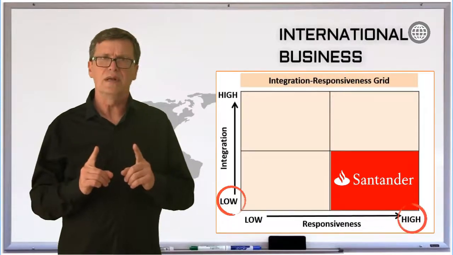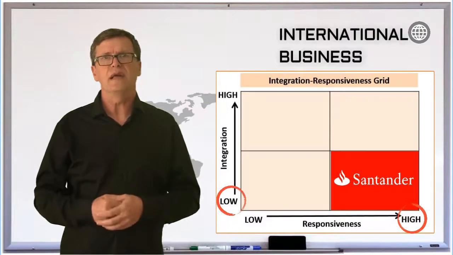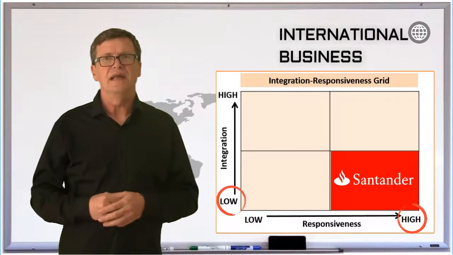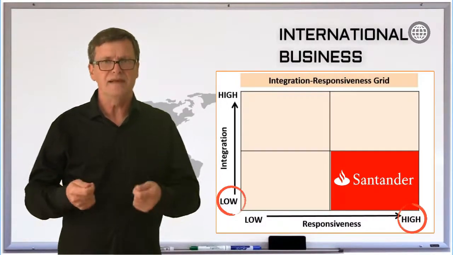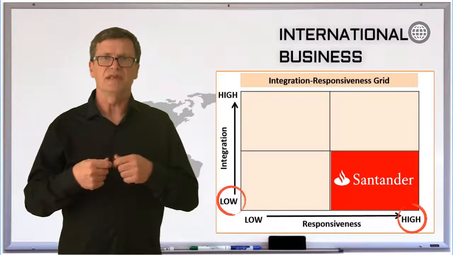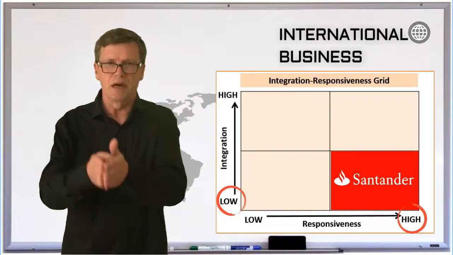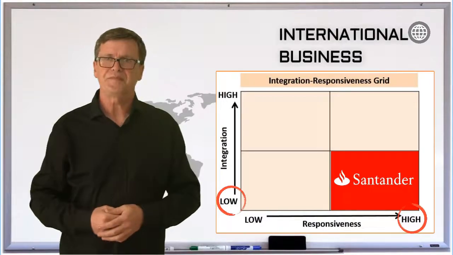But more importantly, for Santander to be effective on local retail banking markets in different countries, they have had to adapt their activities, including some decentralization, and to offer some customized products based on the needs of customers in each market they operate in.